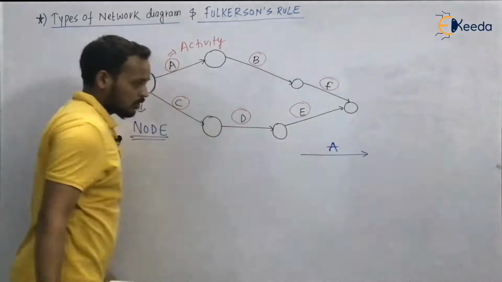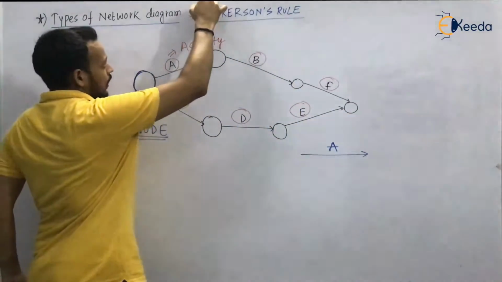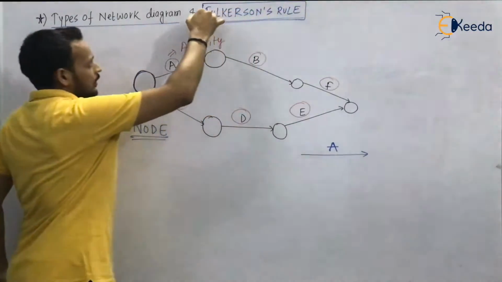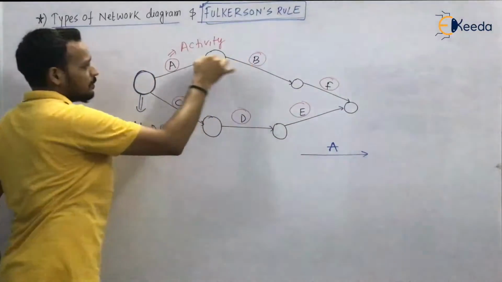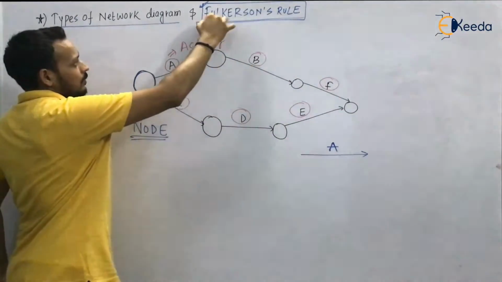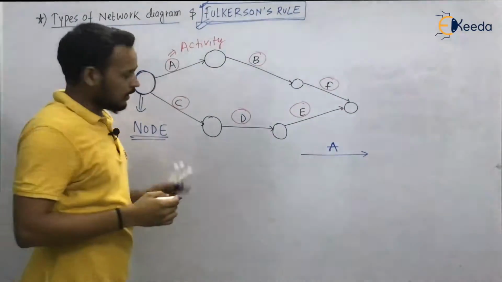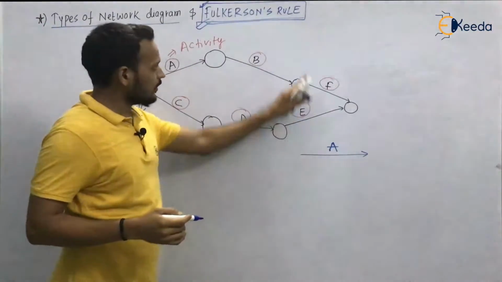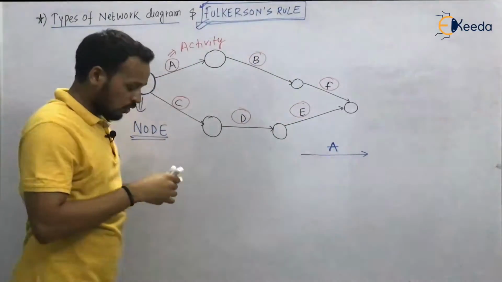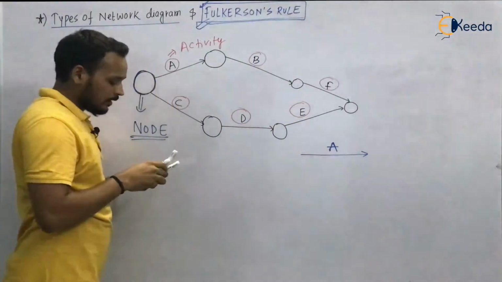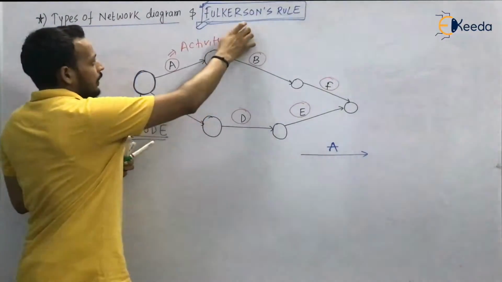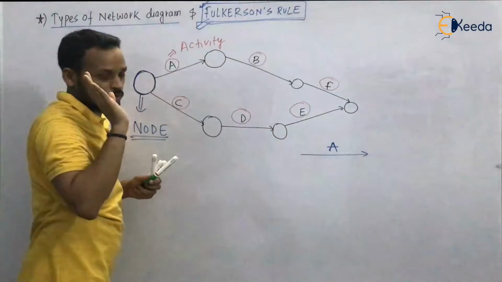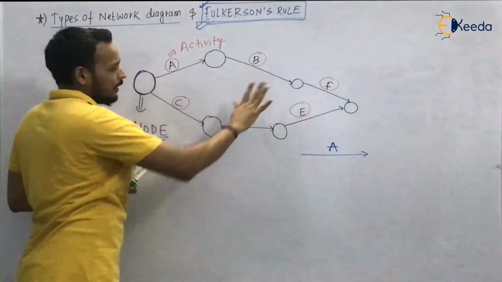Our second topic is Fulkerson's rule, and naming of these black color nodes is done by Fulkerson's rule. So I'm just numbering it. It might be correct or wrong, but we will look at Fulkerson's rule, then we will name it accordingly.